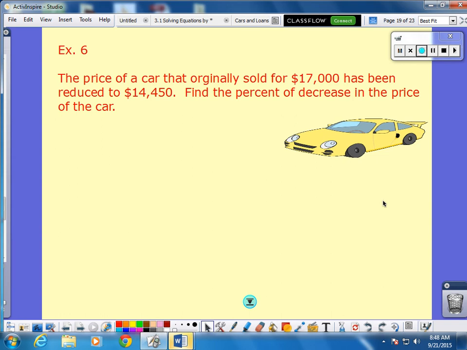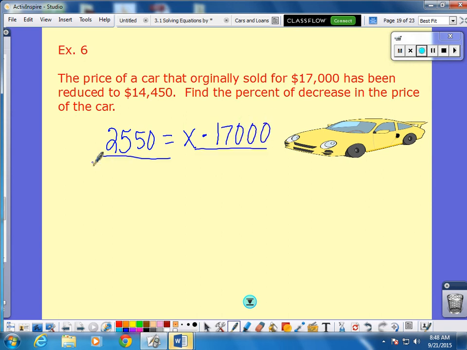And so what is the change in the price? 2,550. 2,550 is what percent of, and the original is $17,000. All right, solve.